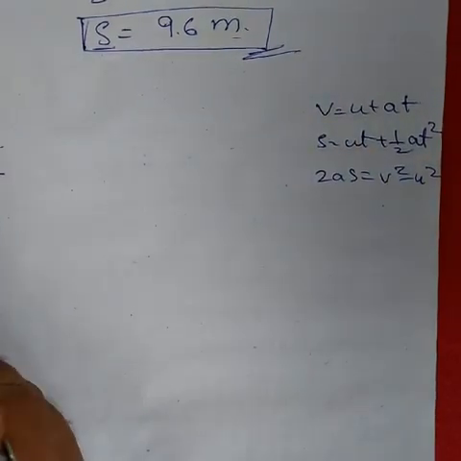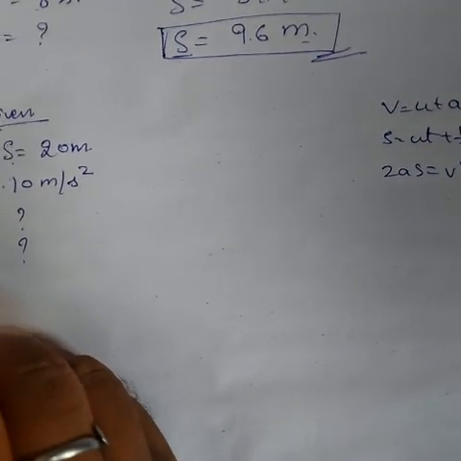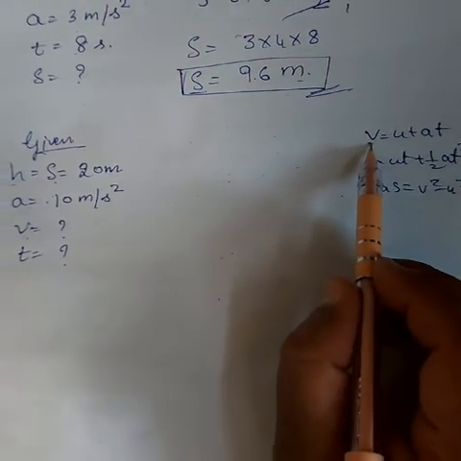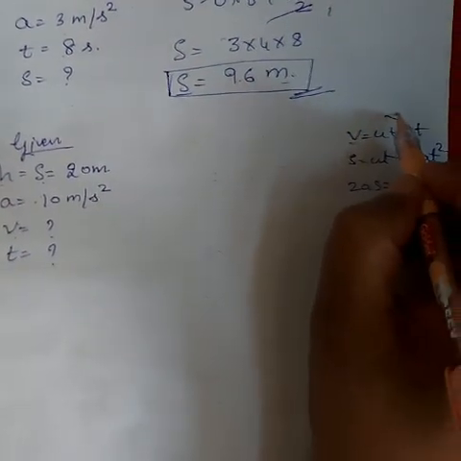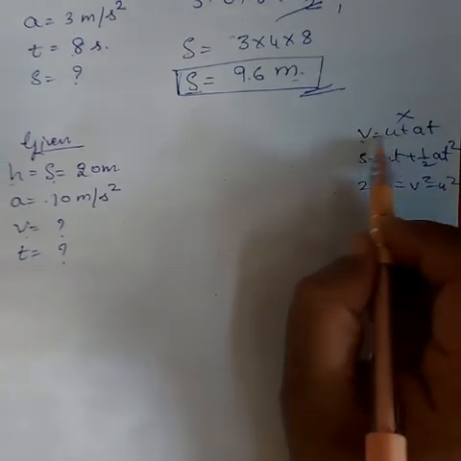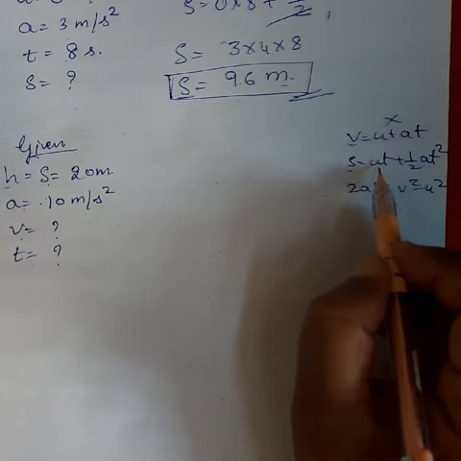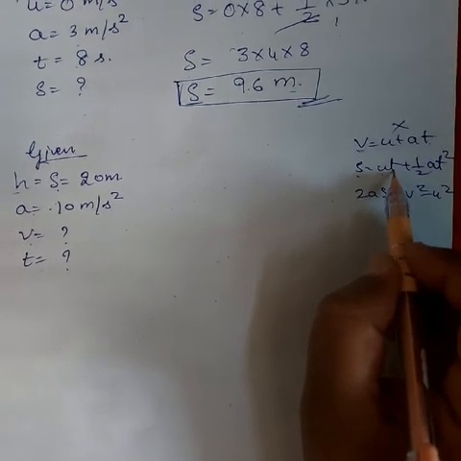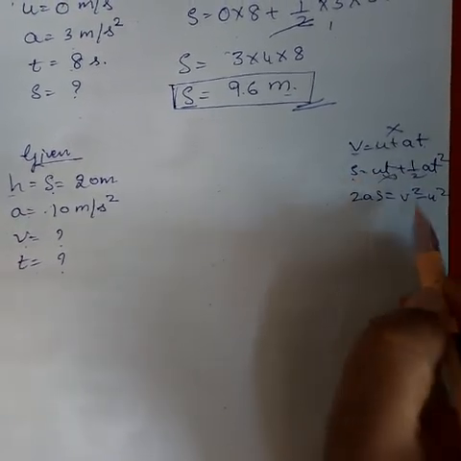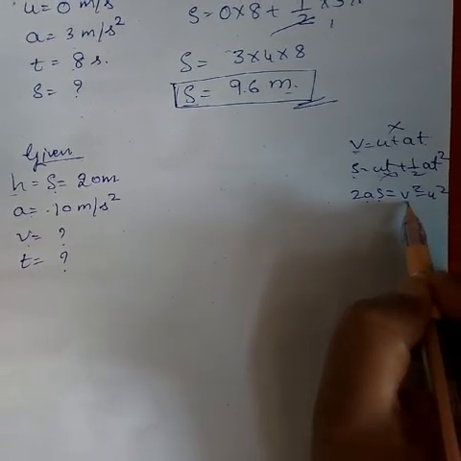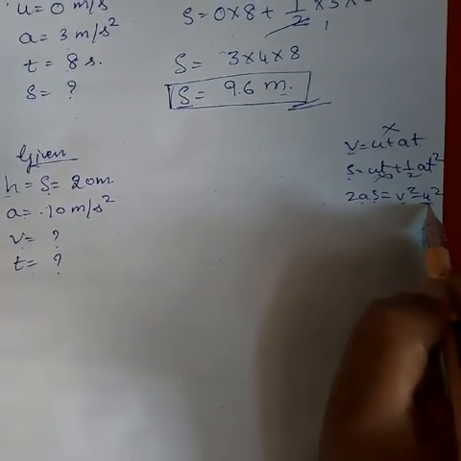What is given here? s is given, a is given, v and t we find out. The second formula we cannot apply because u is unknown.